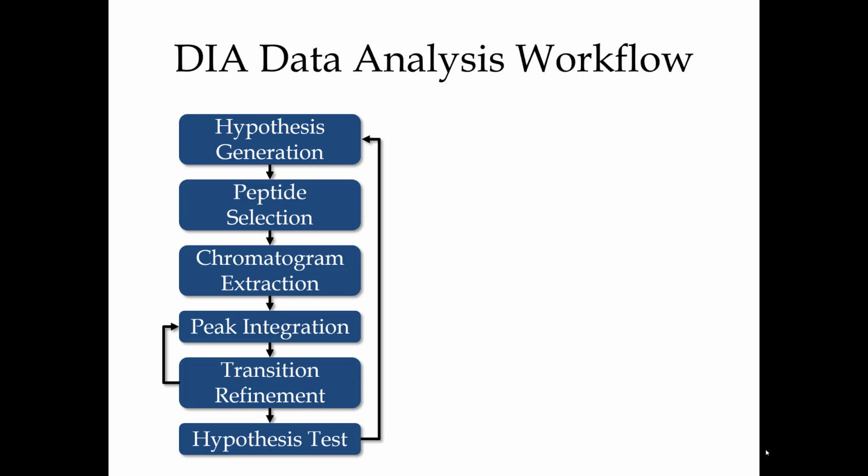But anyway, you get this snapshot, and then you get to generate a hypothesis and select your peptides, do chromatogram extraction from the DIA data, and then peak integration, and then you could do transition refinement based on the peaks. I think Ben definitely talked about that, the ability to sort of go, oh, these transitions are getting interference, let me take these other ones.